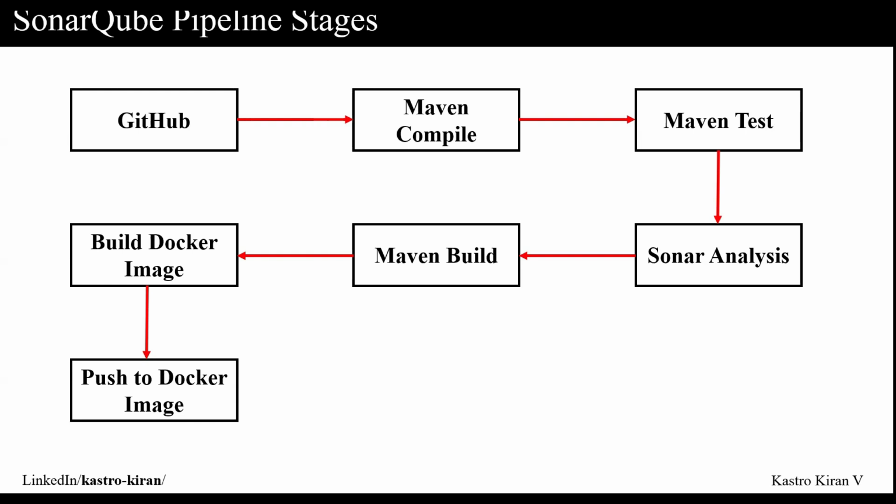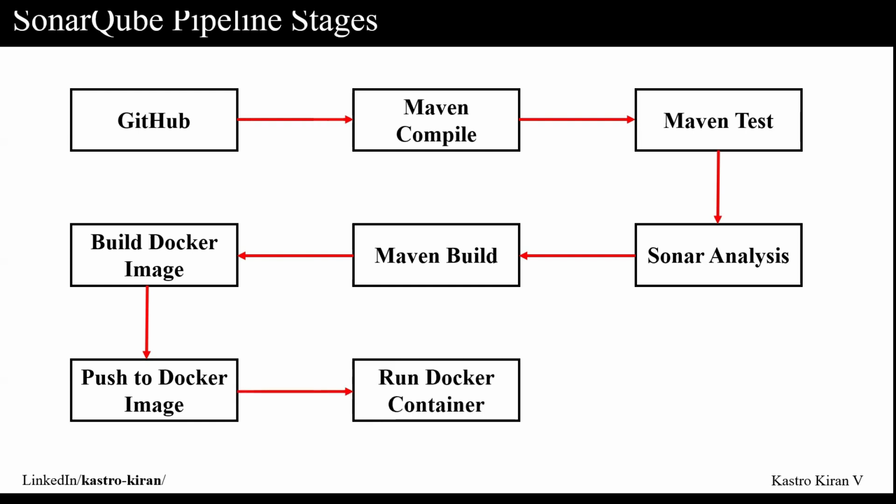Once the Docker image is pushed, by using the Docker image, I'm going to show you how to create and run the Docker container. Once the Docker container is created, it is going to run. Once the Docker container is running, we are going to access the application which is running inside the container. These are the 9 different stages that will be available as a part of this particular demo.